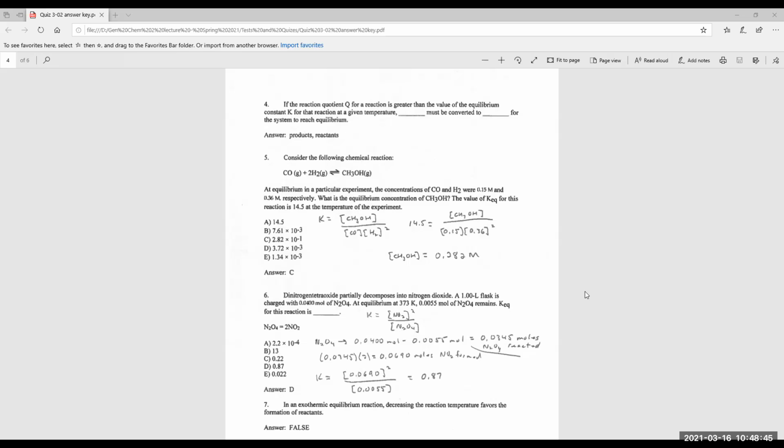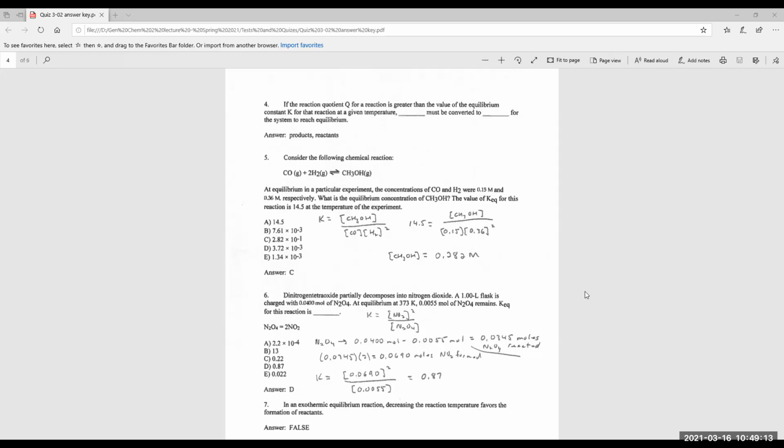The other thing we need to do is figure out how many moles are involved. We had 0.0400 moles that we started with, and we're left with 0.0055 moles. If we subtract those numbers, we have 0.0345 moles of N2O4 that reacted.